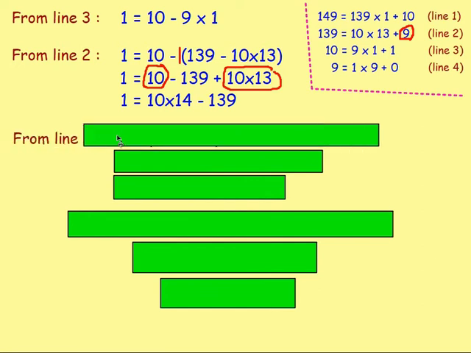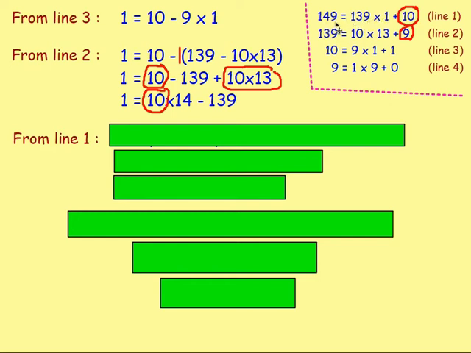So now we go up a line to line 1. With line 1, again, take this remainder. The remainder here was 10, so we can rewrite any 10s. So we can rewrite this 10 here. How do we rewrite 10? Well, we're going to swap 10 with the 149, take away 139 times 1.